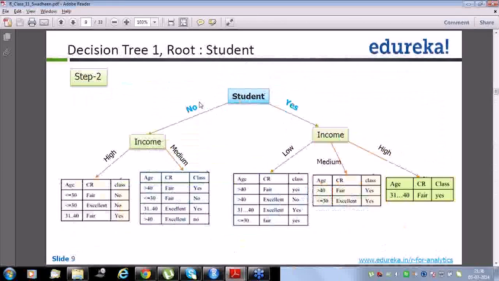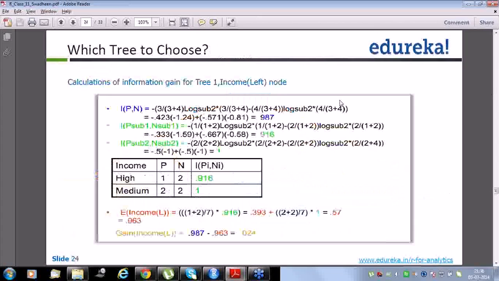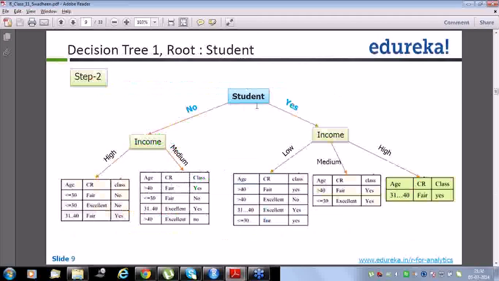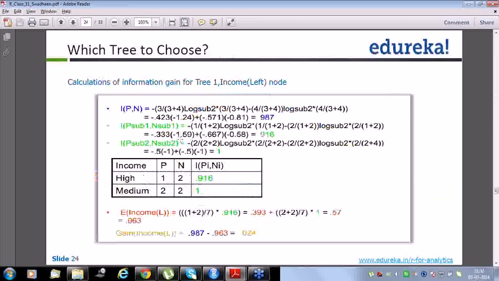Income left node, right? It tried to explain the gain for tree 1, then the income left node. In the income left node we have 3 categories: low, medium and high. Then how will it calculate? So 3 upon 3 plus 4, the same way.